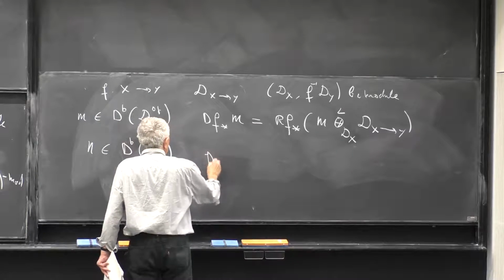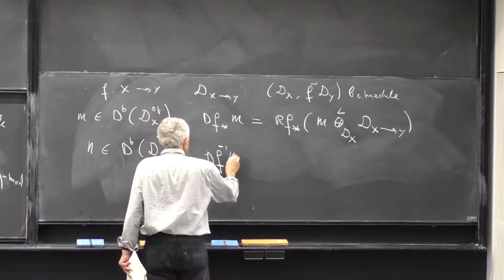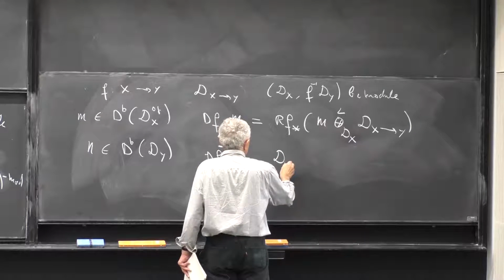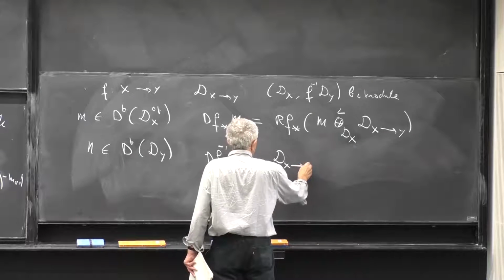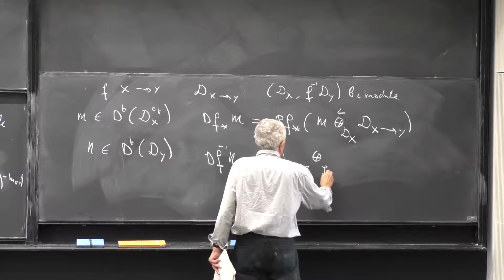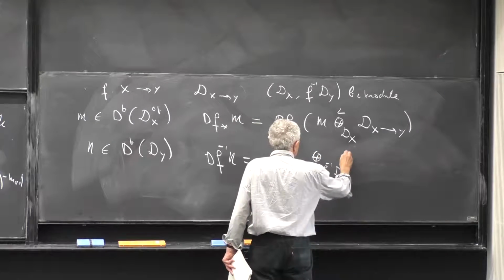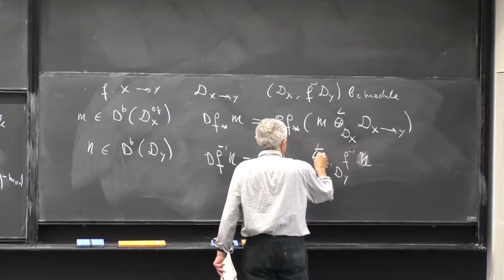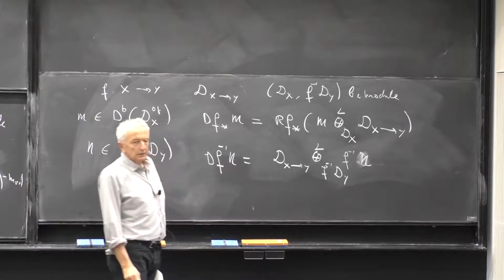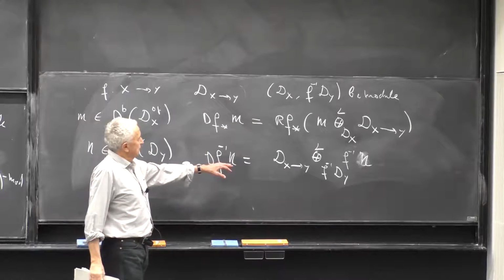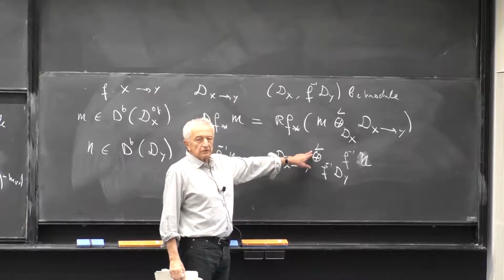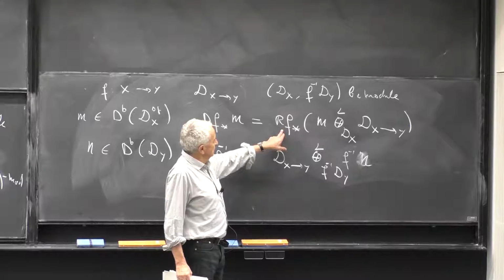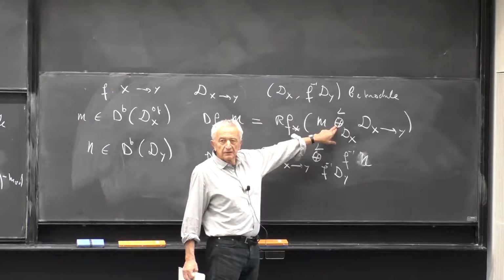So D f^{-1}N will be D_{X→Y} tensor over f^{-1}D_Y of f^{-1}N, and everything is derived, of course. So the inverse image is easier because there is one derived functor, left. But the direct image is very complicated because you have a right derived functor and a left derived functor.